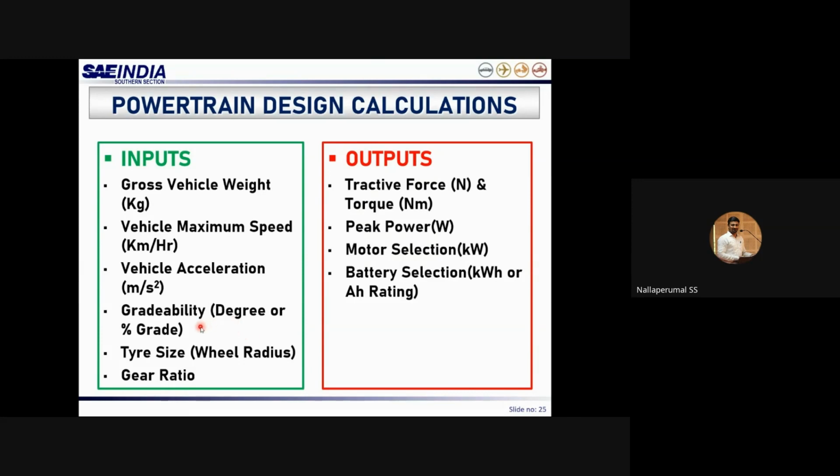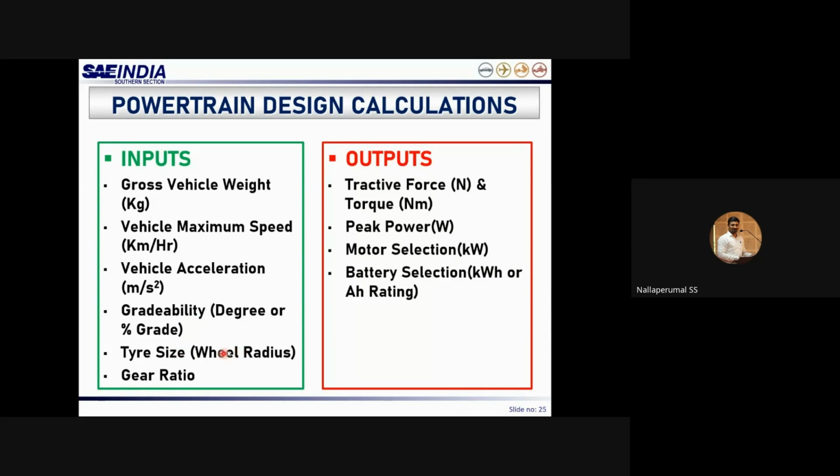You know that gradability as per the standard is around 13 to 15%. It can be between 13 to 15% grade, which comes up to anywhere between 7 to 9 degrees. And this is also an input.